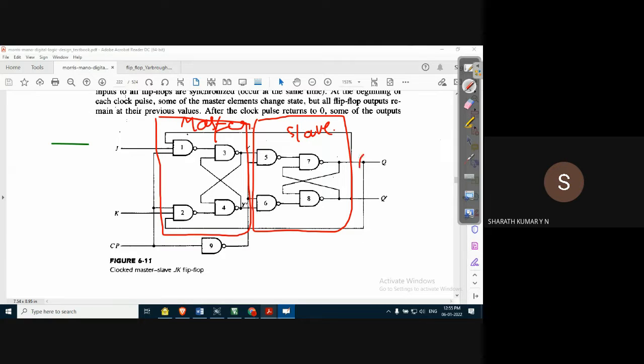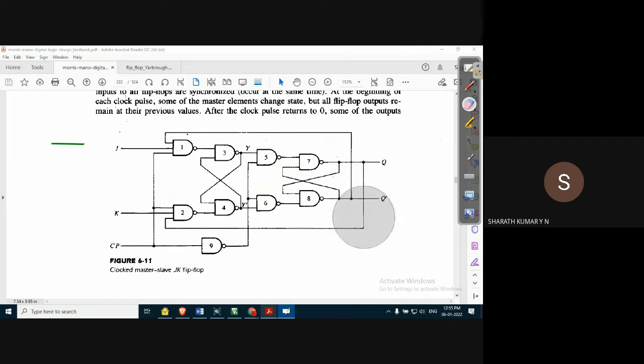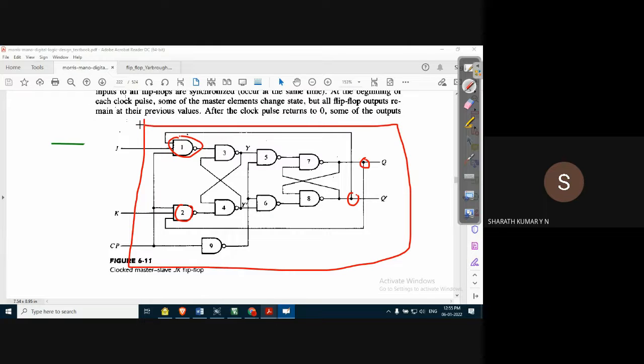The Q output is given as an input to the second NAND gate. Q dash is given as an input to the first NAND gate. That means both units now act as a single unit. We can call it a master slave JK flip-flop.